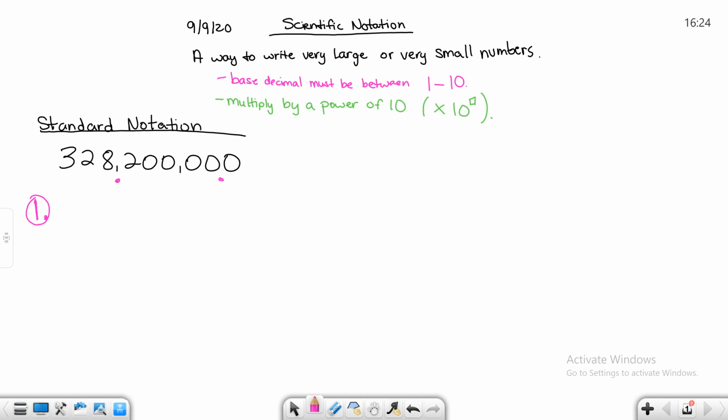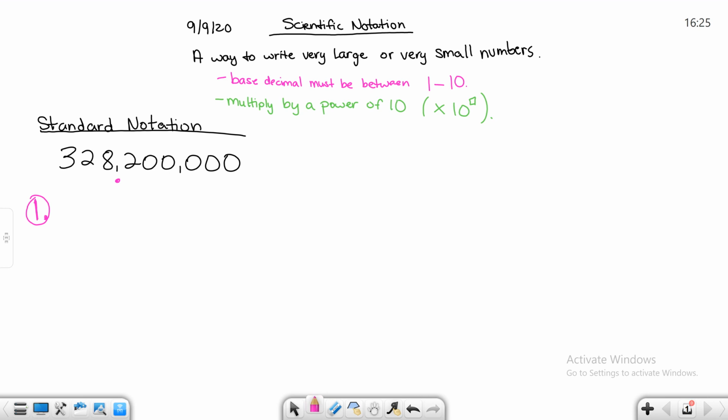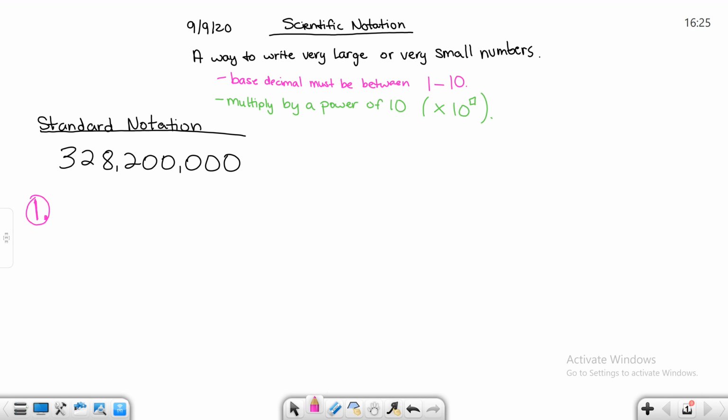So let's say I were to put my decimal here. Well, now that would convert my number into 328,200, right? And so I am always going to turn that number between 1 and 10 by putting a new decimal between the first two digits right here.